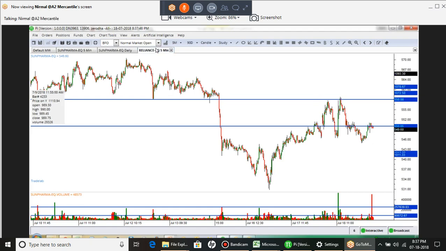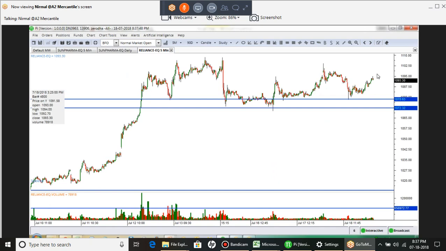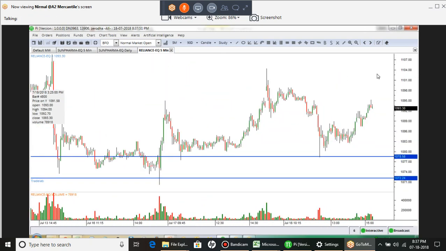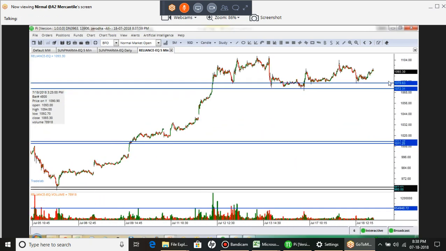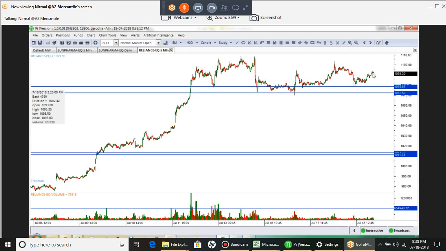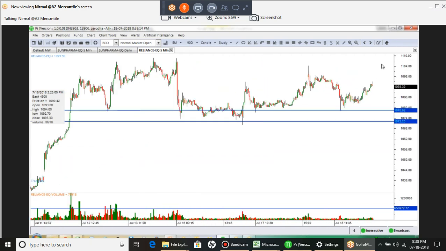Getting my point? Reliance also. If a volume breakout takes the price down, you can short this level, it will come here. Till that time it doesn't happen, because it might even happen that tomorrow there is a volume breakout and the price moves up.